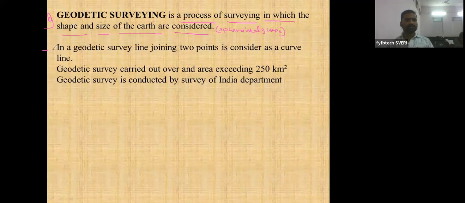Next point. In geodetic survey, the line joining two points is considered as a curve line.